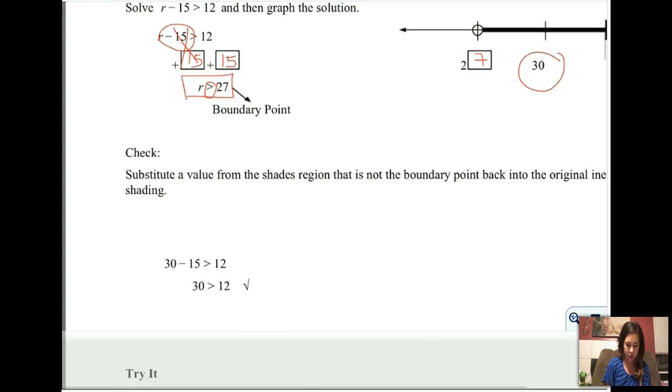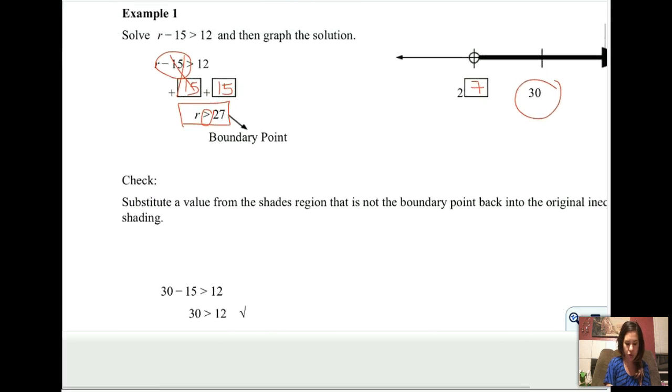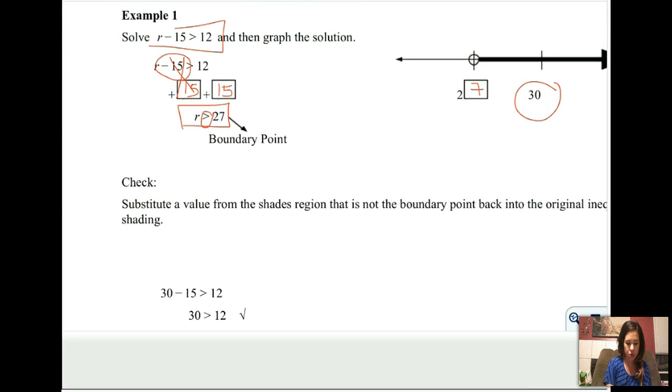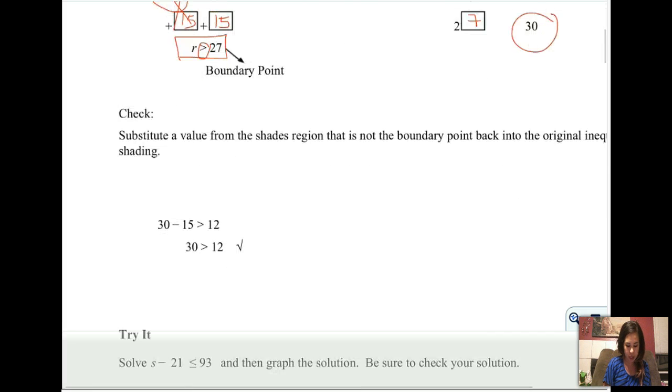All they did is plug it into the original inequality, which is r minus 15 is bigger than 12. So let's plug it in. If we do that, 30 minus 15 has to be bigger than 12. And we subtract, and if you notice there's a typo there, it should say 15 is still bigger than 12. Is that true? In this case, yes it is. Therefore, I know that I graphed it correctly.